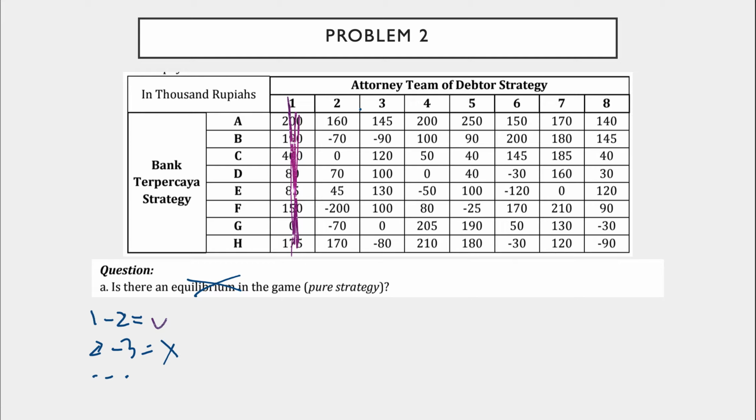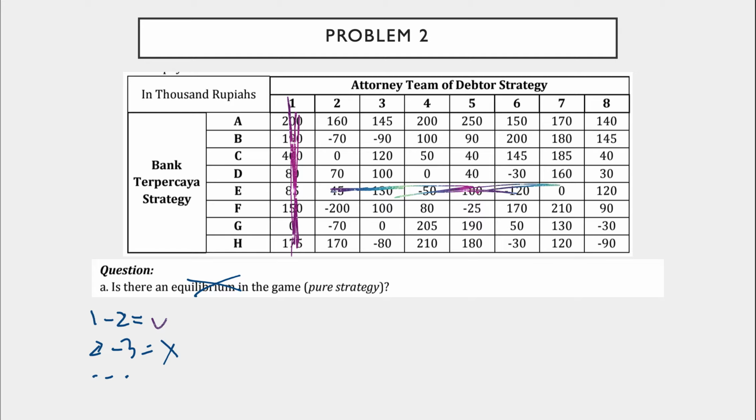You continue to compare one by one. After you finish comparing the strategies that the Attorney Team has, you shift to the perspective of Bang Terpercaya's strategies. You start comparing A and B, A and C, A and D, and so on. If you start comparing those, you will find that strategy E can be eliminated.